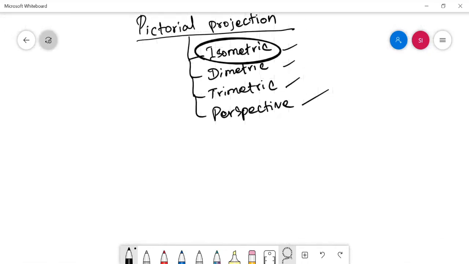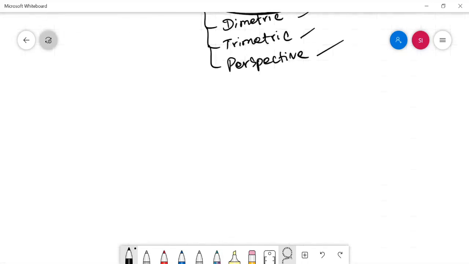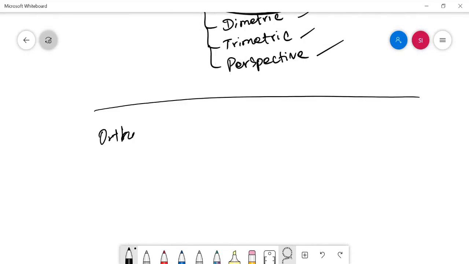First of all, let's have a short look at the difference between isometric projection and orthographic projection. So far we dealt with the orthographic projection concept. That is, in order to express an object in a graphical manner, we need to draw multiple views of the object.